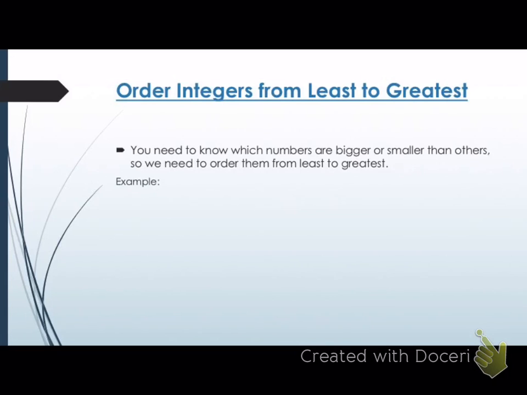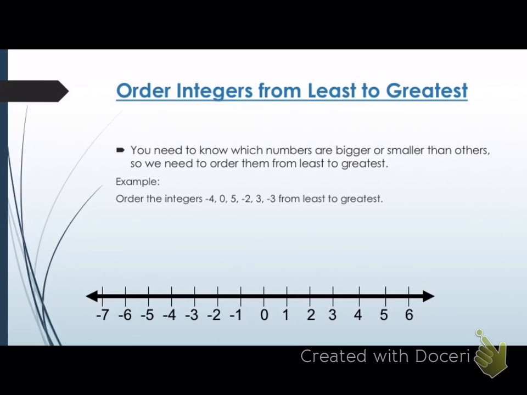In order to do that, here's an example. We want to order -4, 0, 5, -2, 3, and -3 from least to greatest. We have a number line at the bottom. We're going to plot all the points first: -4, 0, 5, -2, 3, and finally, -3.